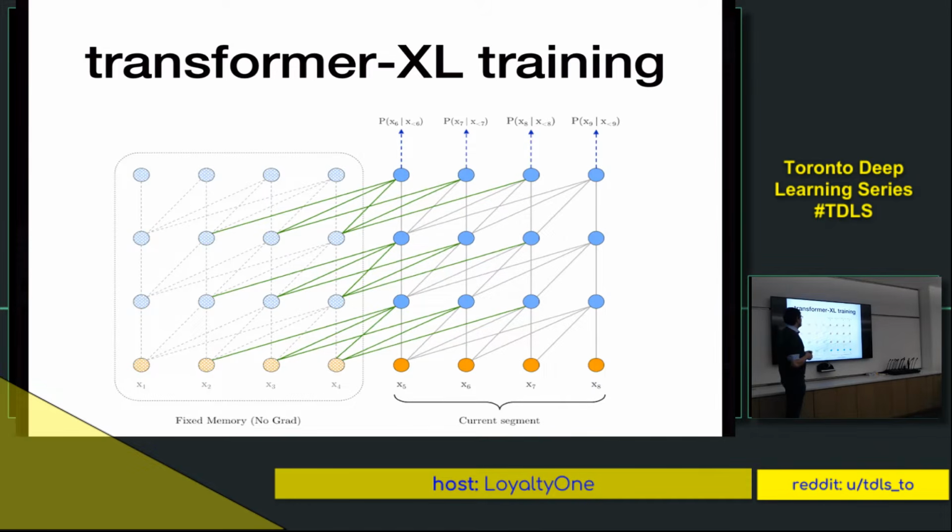That's it essentially, in a nutshell. We're going to talk a little bit more specifically later about it. So all they do is run it first, you get your hidden states, and then for the next segment, you run it again, and for the hidden states you just concatenate the previous ones.